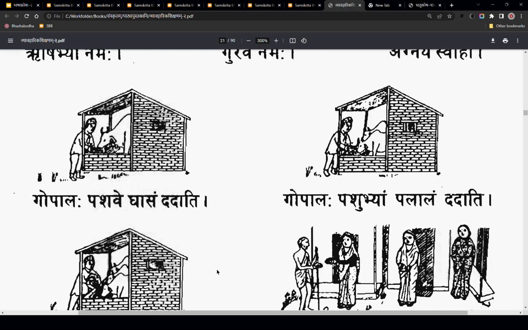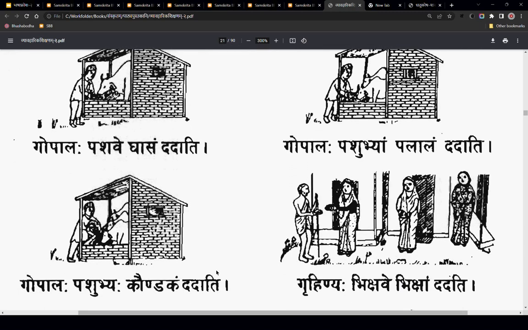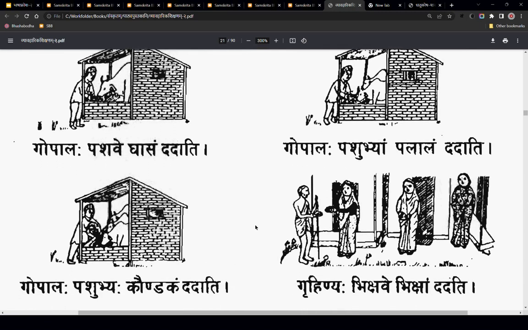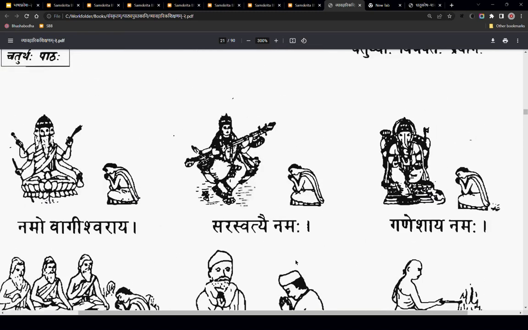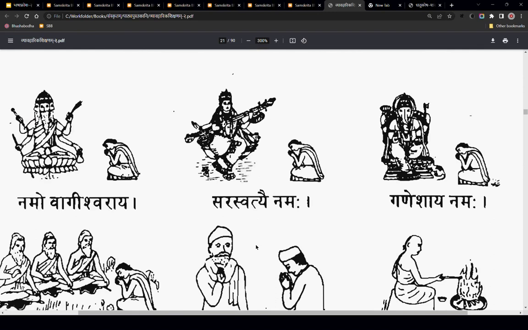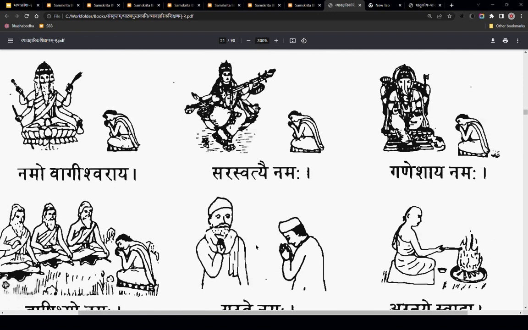Now, besides this usage of Chaturthi, here the Chaturthi Vibhakti is used as to something you are offering this salute or bowing. Namaha Vagishwaraya.